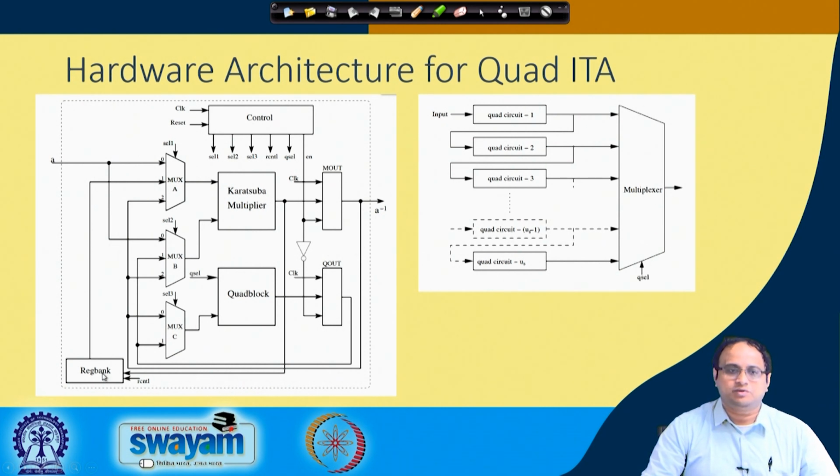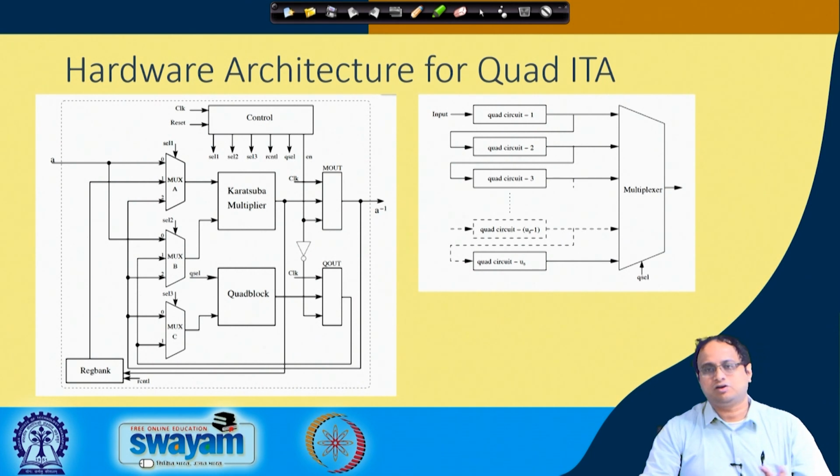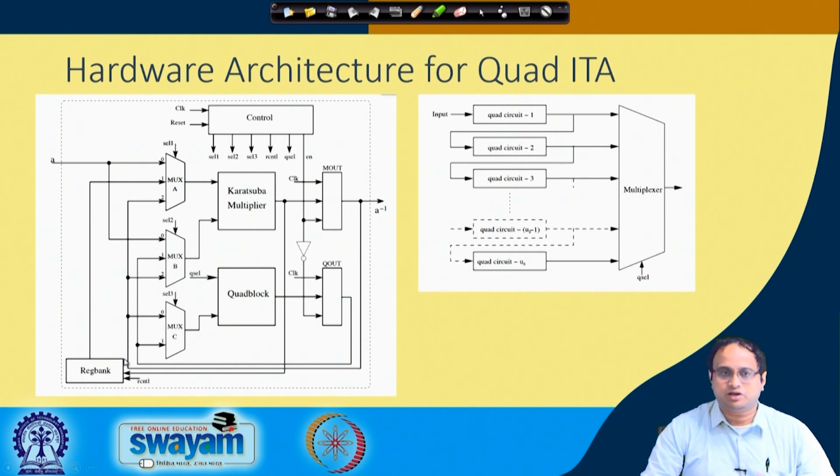For example, in the addition chain, when you are calculating the alphas and you need to take an alpha which was previously used, then that data should be available, because you do not want to compute it again. Otherwise, the entire advantage will be lost. So, that old data needs to be stored in the register bank and suitably addressed to get that value. That depends completely upon the addition chain.